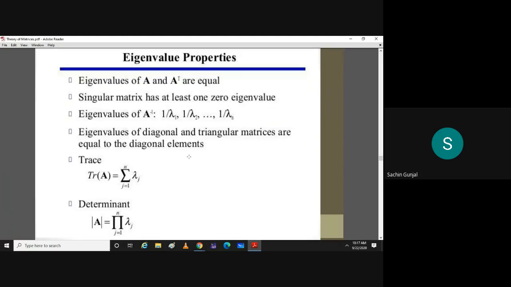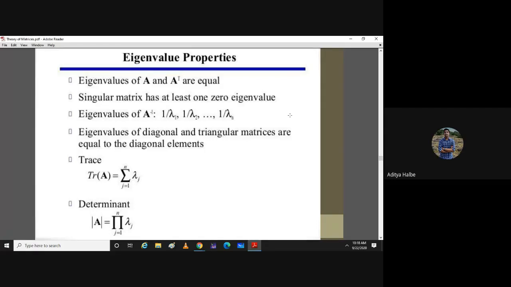So what can we say about a singular matrix? What can you say about one eigenvalue? At least one eigenvalue has to be 0, isn't it?